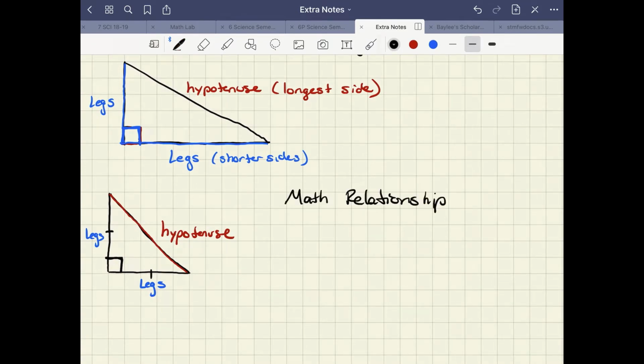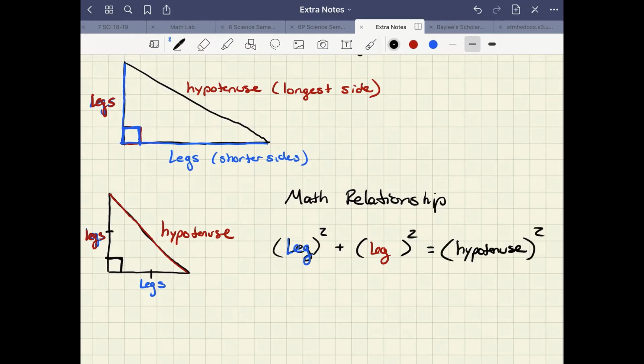He figured out that if you took one of the legs, the value of that leg, and you squared it, and we'll call this the blue leg, and you took the other leg, we'll call this the red leg, and you squared that, that would be equal to the hypotenuse squared.